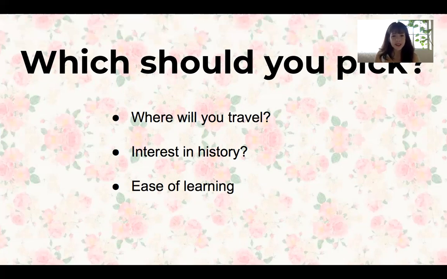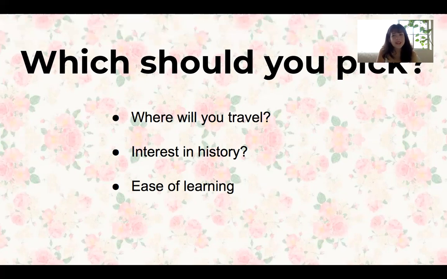And the traditional characters utilize radicals a lot more. So by looking at the traditional character, you can get a sense of where this came from or what this word means by studying the radicals. So that might be fun for you.